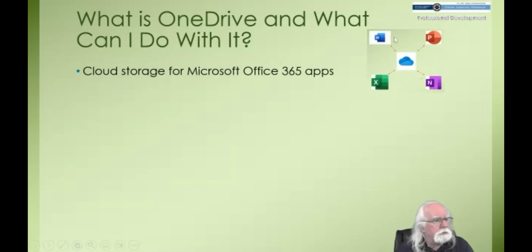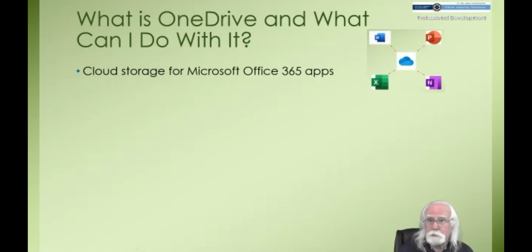All the 365 apps, of which these are the four most commonly used: Word, PowerPoint, Excel, OneNote, but all of the Office 365 apps that we have access to through our new Office 365 subscriptions provided by the district store files on OneDrive by default.